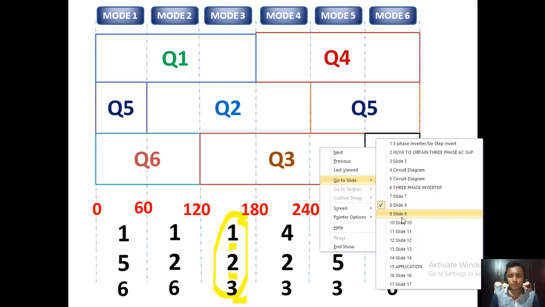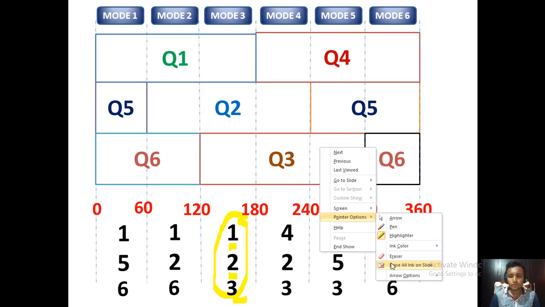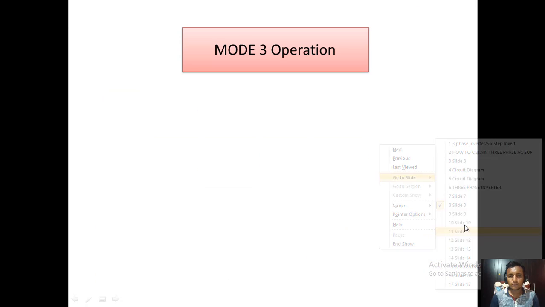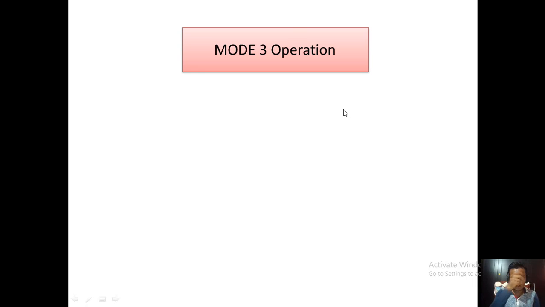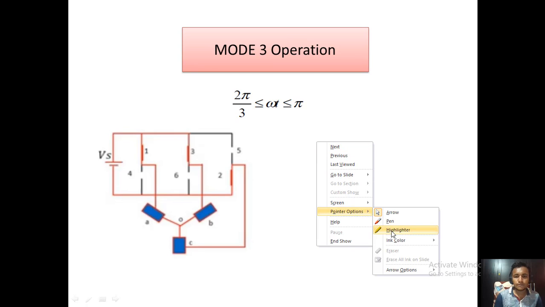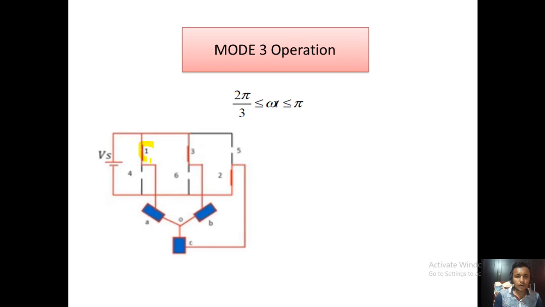So in this mode 3 operation, that is 2 pi by 3 to pi, if we draw the circuit, you can see thyristor 1, thyristor 3 and thyristor 2 are on.